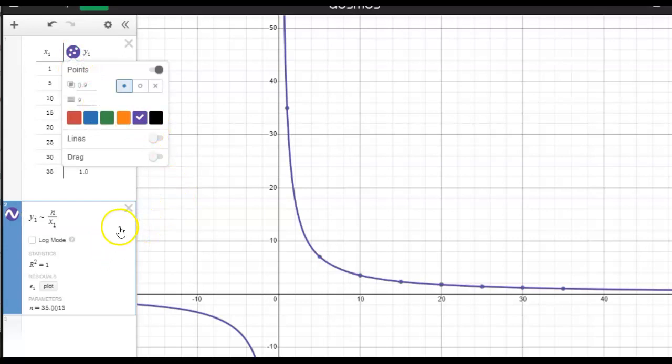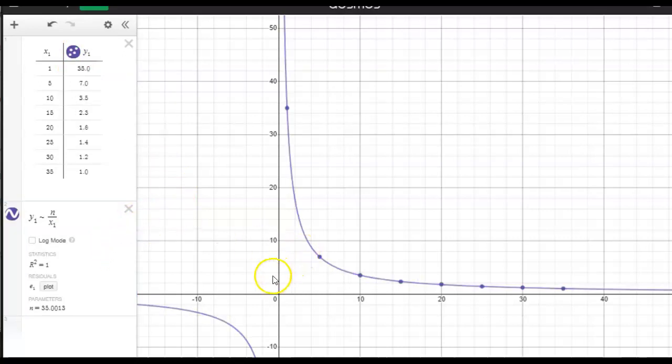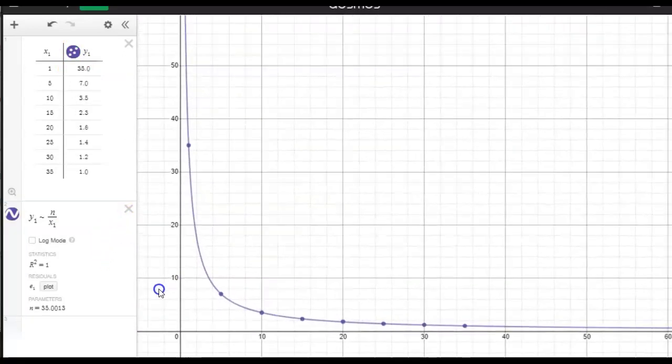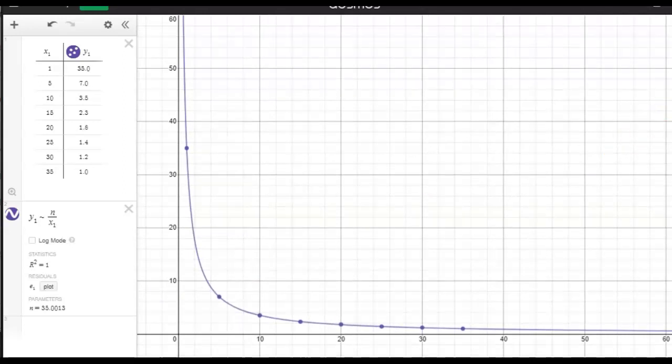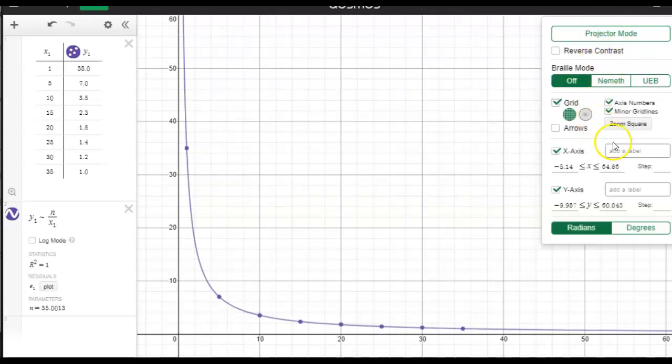All right. So once again, we want to scale our graph and label the axes. So the x values are resistance in ohms.